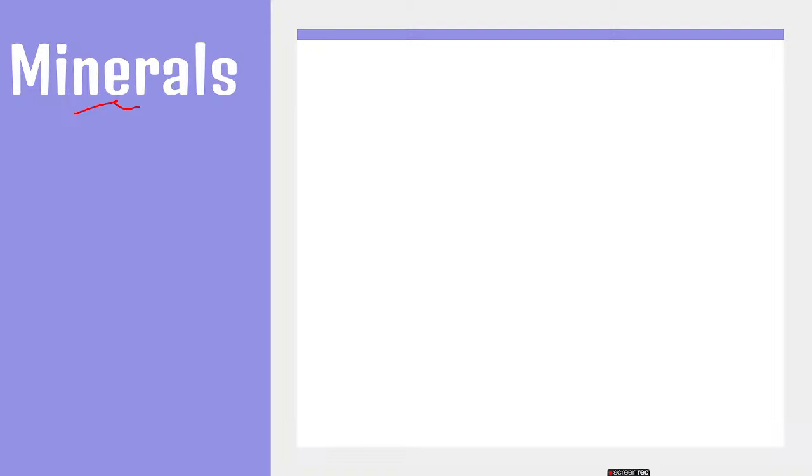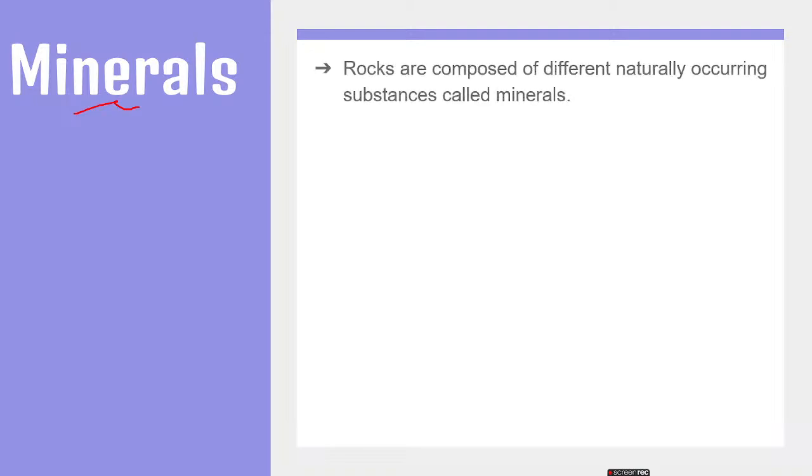Okay. The rocks are composed of naturally occurring substances called minerals. Minerals are natural substances present in the rocks, and the chemical composition of each mineral is different from the others.